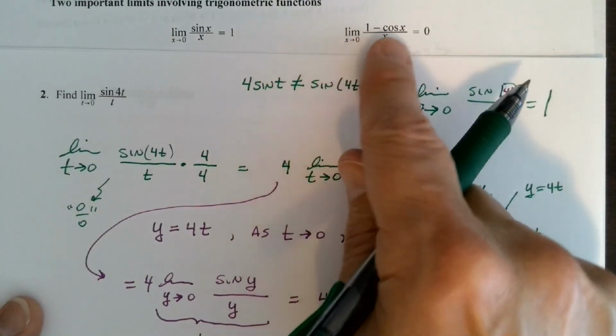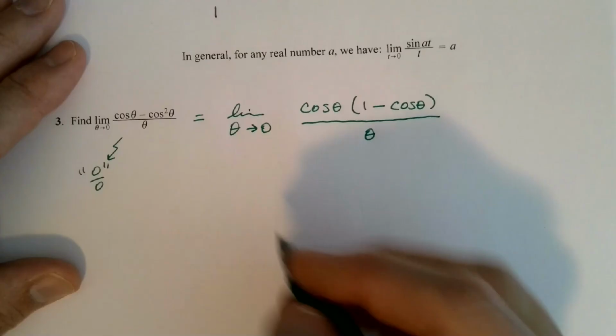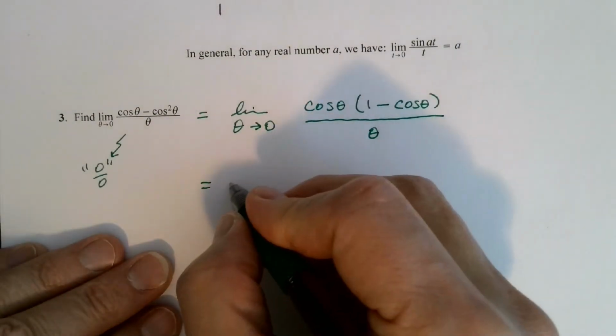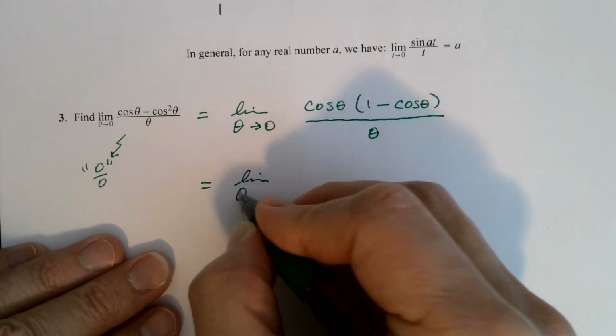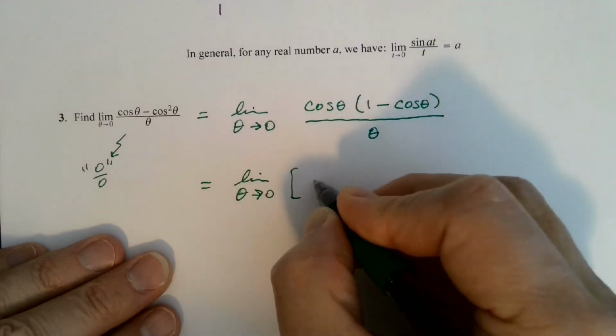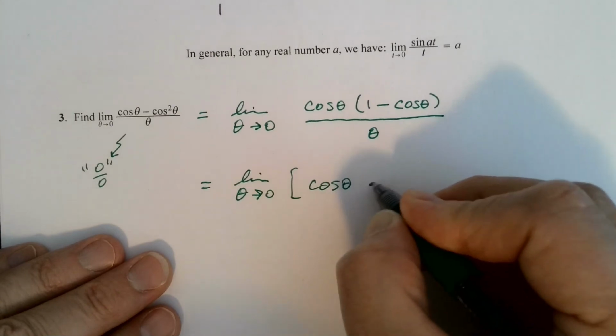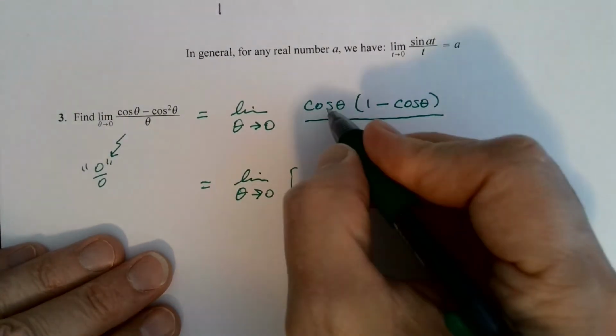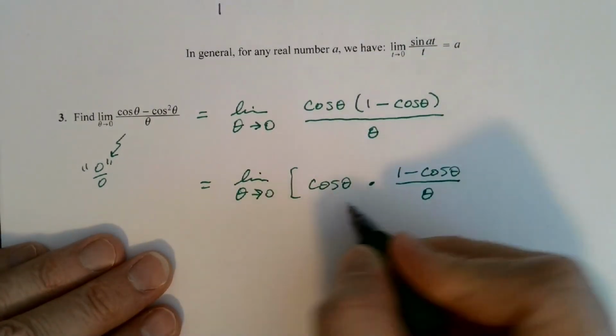Limit as x approaches 0, 1 minus cosine x over x is 0. And so I'm going to basically just break this up, right? This is the limit as theta goes to 0 of cosine theta times 1 minus cosine theta over theta. I just kind of pulled the cosine theta out in front of that.